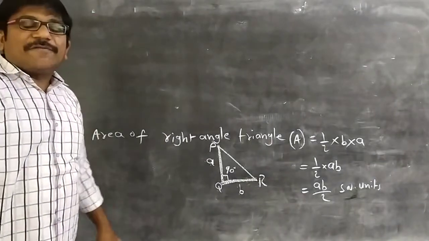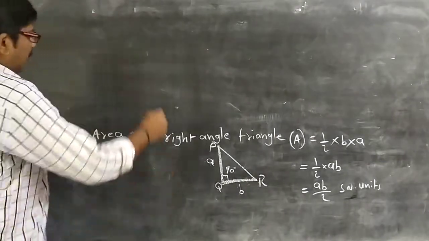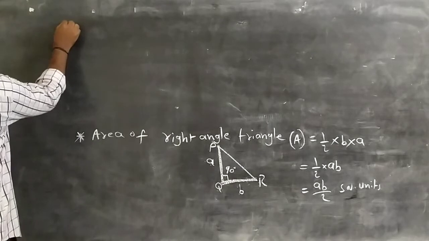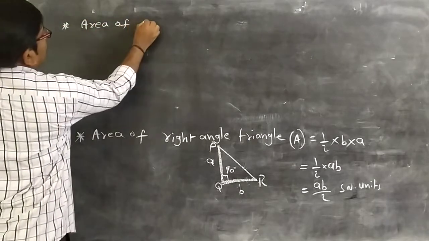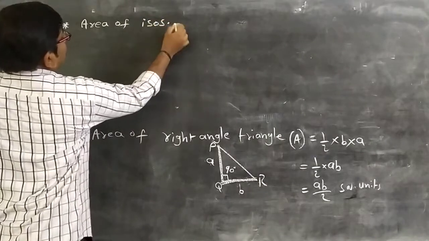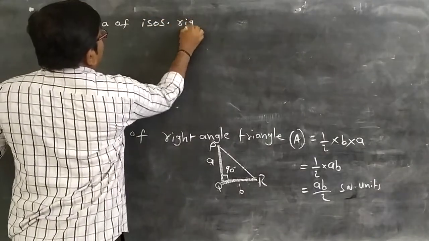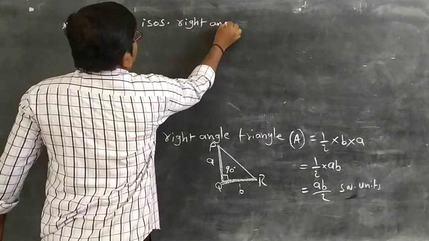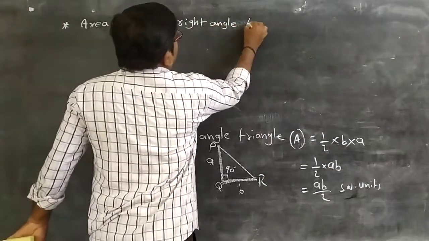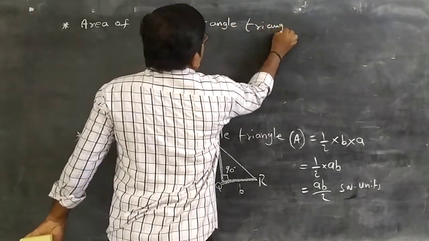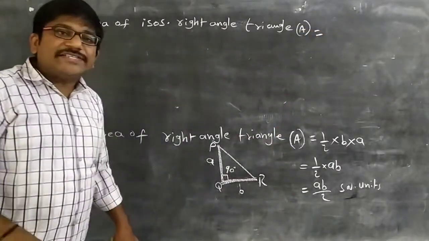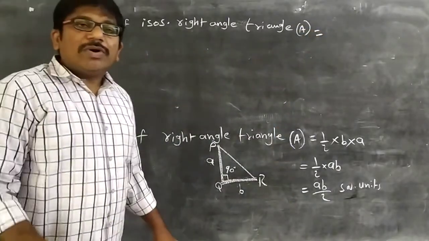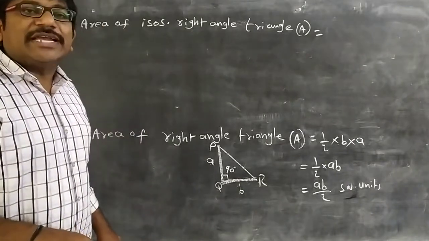Next, the area of an isosceles right angle triangle. What is the definition of an isosceles right angle triangle?